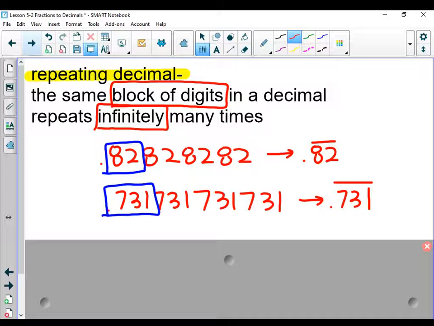So just that block of digits repeats infinite times. And the line above it is the symbol for infinite times. Go ahead and pause if you're not quite ready.